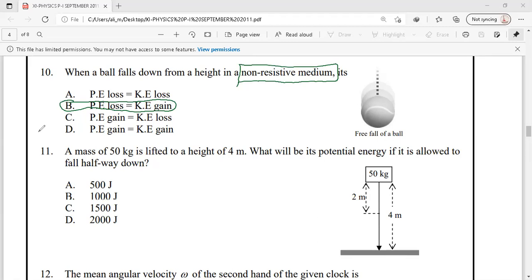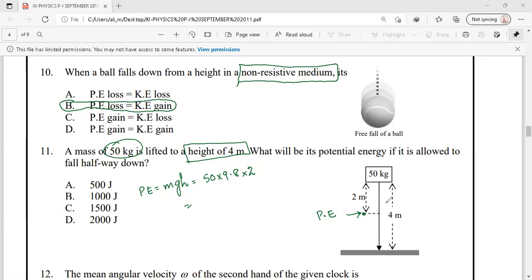Then we have question number 11. A mass of 50 kg is lifted to a height of 4 meters. What will be the potential energy if it is allowed to fall halfway down? So we have to find the potential energy of the body at the point when it has covered half of the distance, or half of the height.